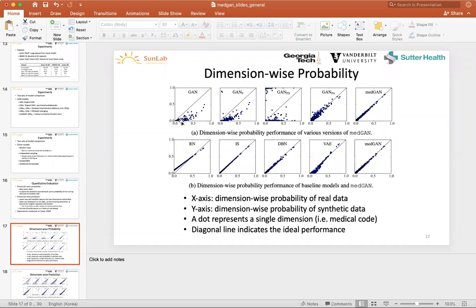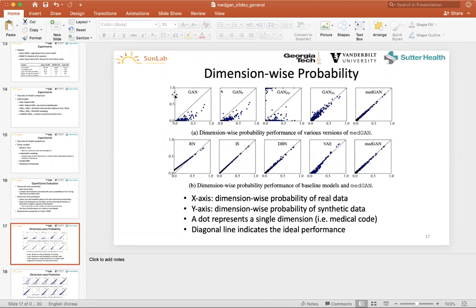Some other column is like 70%, 75% chance of occurring. So we take each column individually, calculate the mean occurrence probability, and then plot it on the x-axis. And the y-axis is the occurrence probability calculated from the synthetic data set, the ones that are generated from the MedGAN.